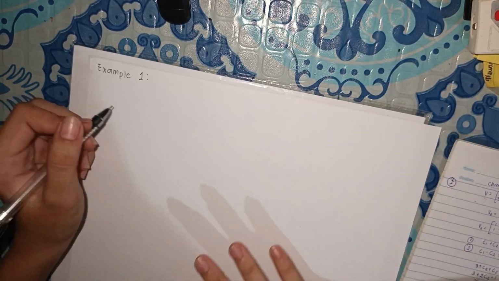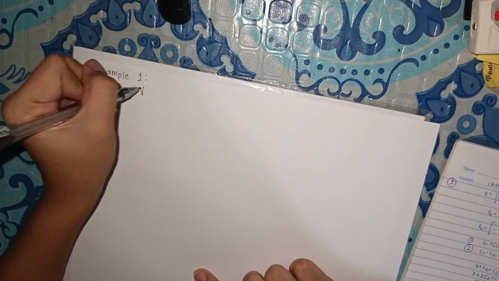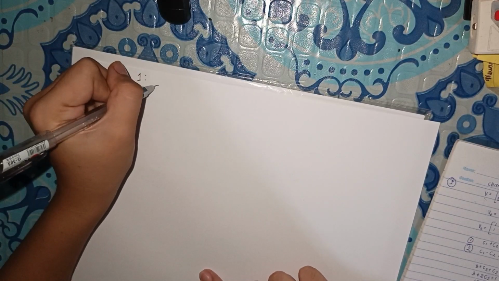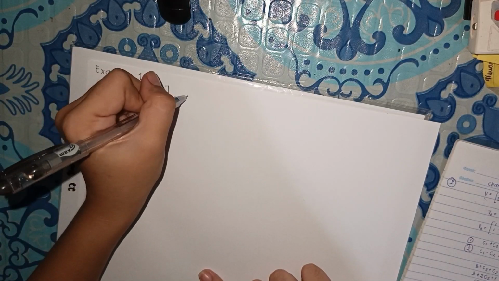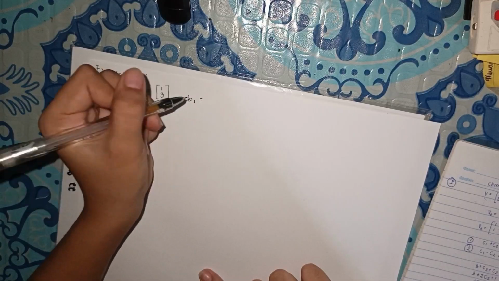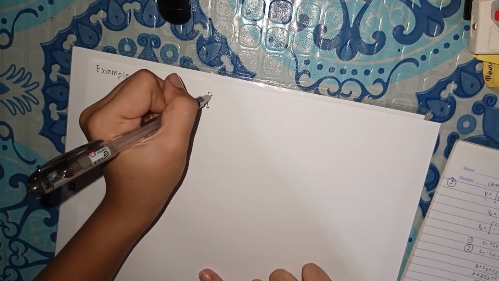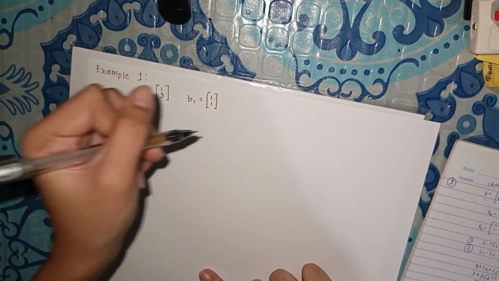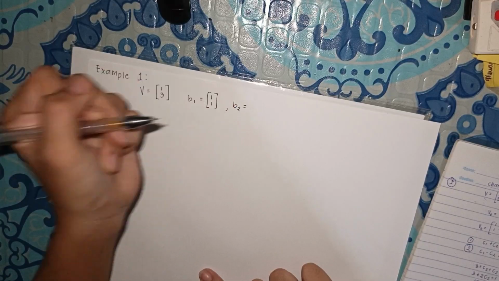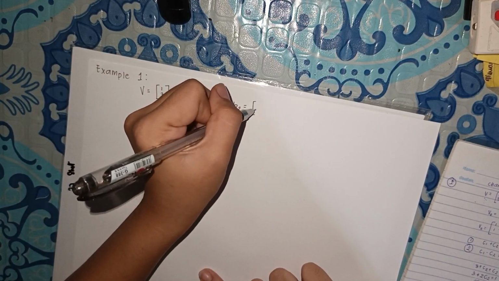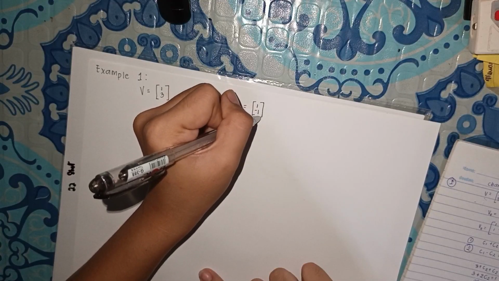So, we have here an example. First, the given vector is equal to (1, 3). Then the first basis is (1, 1), and basis 2 is (1, -1).